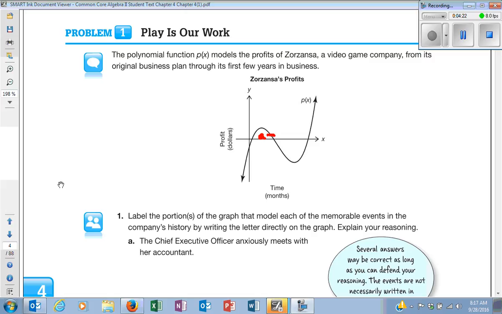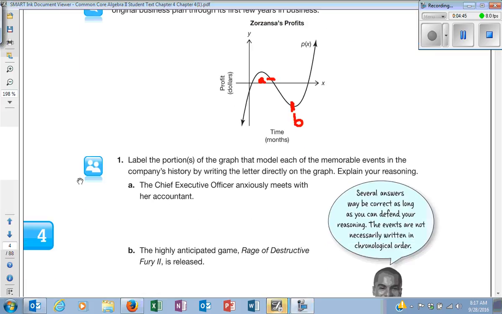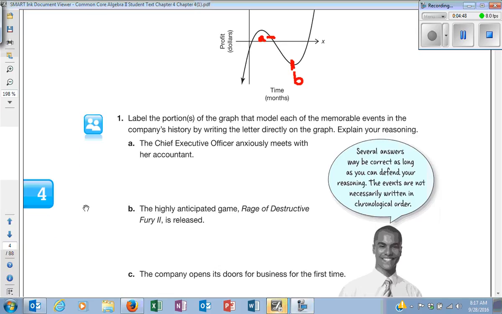It's like a 4-hour wait, and they release that new coaster. Attendance, probably profits start spiking again. Yes? So that probably happened right about here. It's probably where a B event would take place. If it's highly anticipated, that means people are going to flock to it. They're going to pay a lot of money, which means I can start making more.